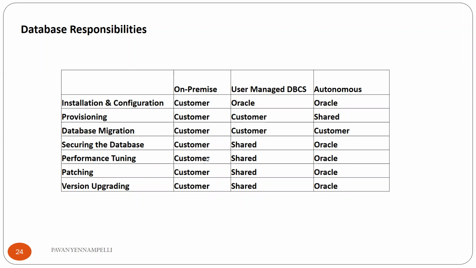For performance tuning, in the on-premise model it is the customer's responsibility, in the user managed system it's shared, and in autonomous it's Oracle's responsibility.